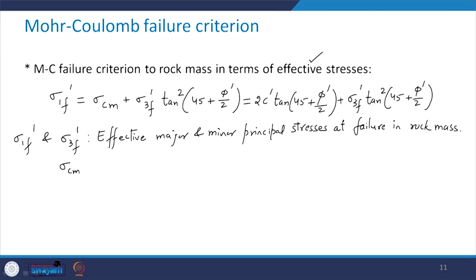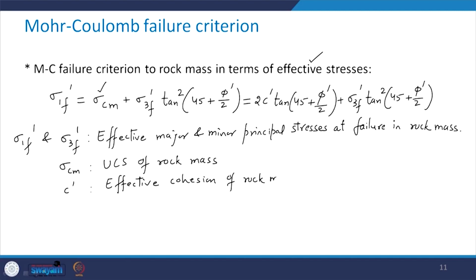This sigma cm, which is here, is the UCS of rock mass. c prime is the effective cohesion of rock mass, and finally this phi prime is the effective friction angle of rock mass.